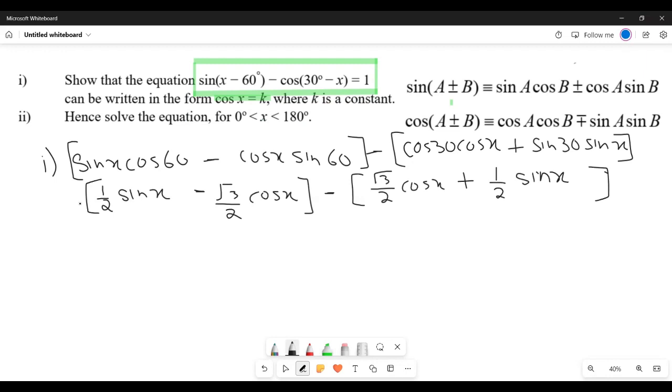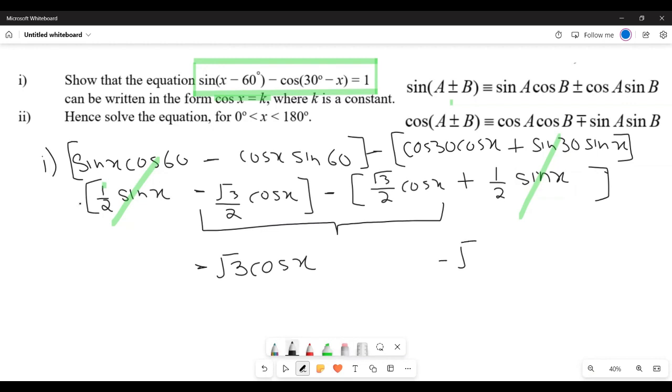Now when you expand this, this and this cancel out because one is half x and the other one is minus half x. And the other two get added, and we double that. So that's going to be minus root 3 cos x, because minus root 3 by 2 minus root 3 by 2 is just minus root 3.